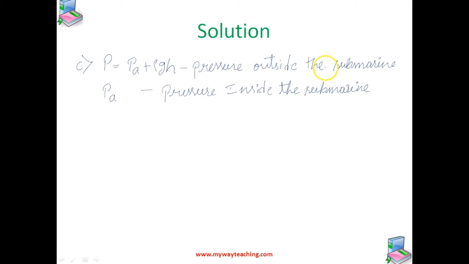Hence, the net pressure acting on the window is nothing but gauge pressure. So the question is to find the gauge pressure now, isn't it?